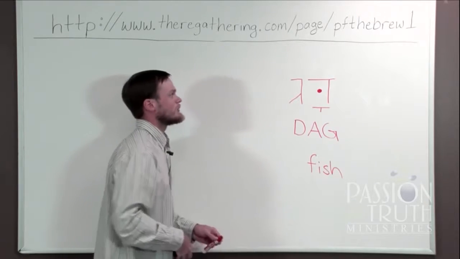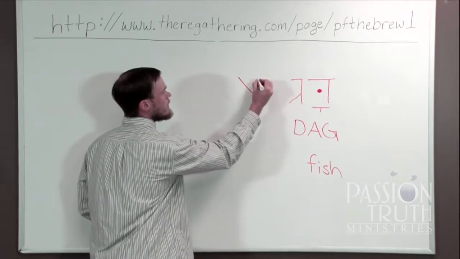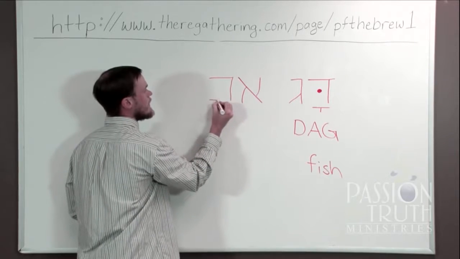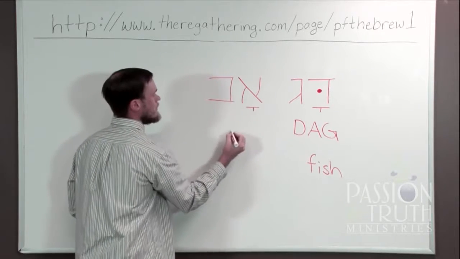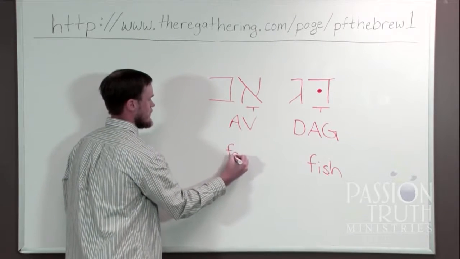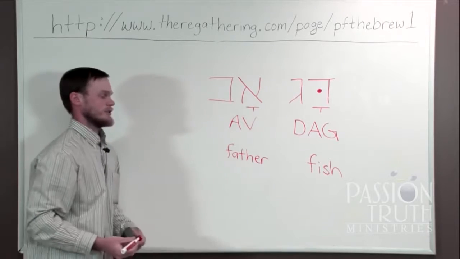Okay? So there are two words. Av, which is father, and dag, which is fish.